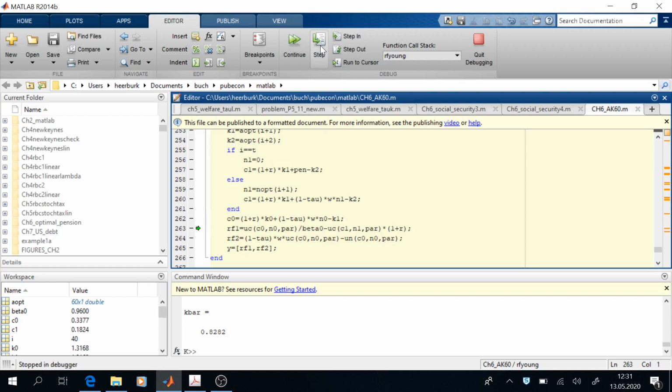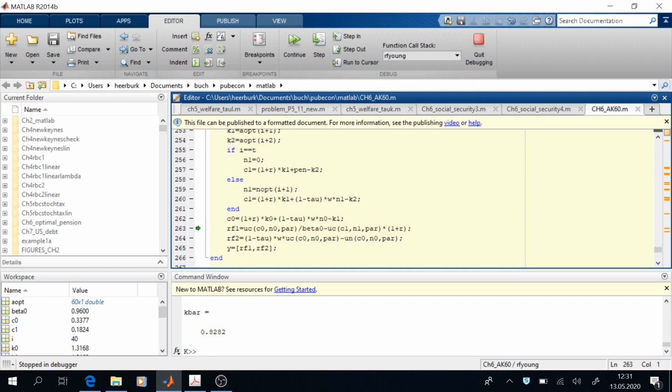And we substitute these values of present consumption and present employment, C0 and N0, as well as next period consumption C1 and next period labor supply N1, in the functions marginal utility UC and marginal utility from leisure UN, and compute the two first order conditions of the household.